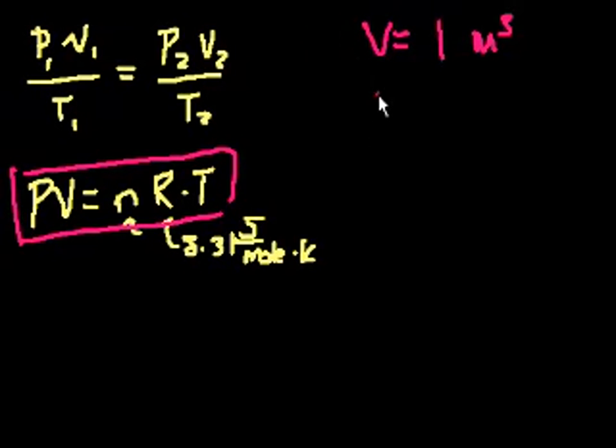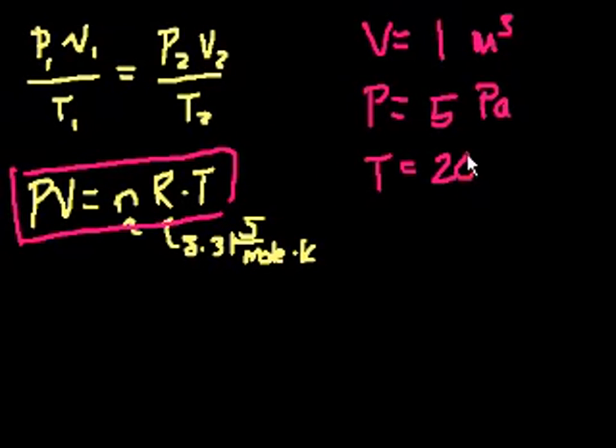Let's say there's not a lot of pressure in it, so the pressure is equal to 5 pascals, and that's newtons per meter squared, right? And let's say we're at a reasonably warm temperature, so the temperature is equal to 20 degrees Celsius. Let's say that balloon is filled with helium. So my question to you is, how many molecules of helium do I have in the balloon?